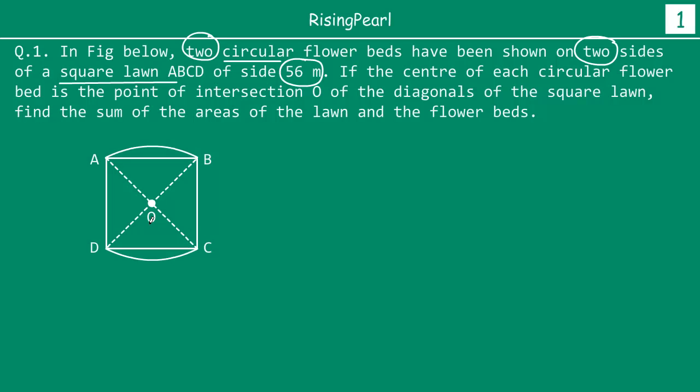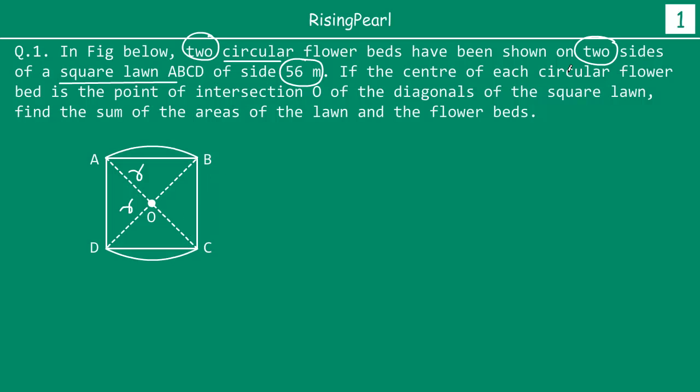They intersect at point O, let us say. Then O actually is the center of the two circular flower beds. That means that taking OA as the radius, we draw an arc or part of the circle and we get this. Similarly, taking the same radius, we draw this part of the circle.